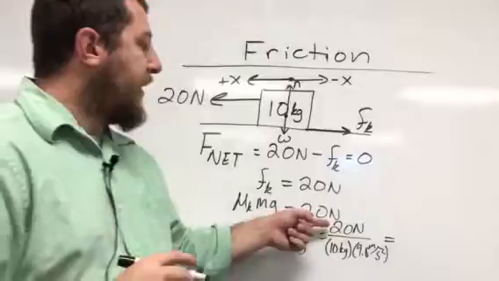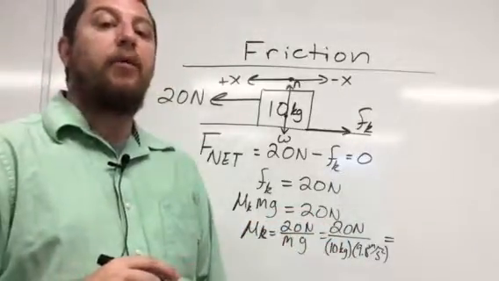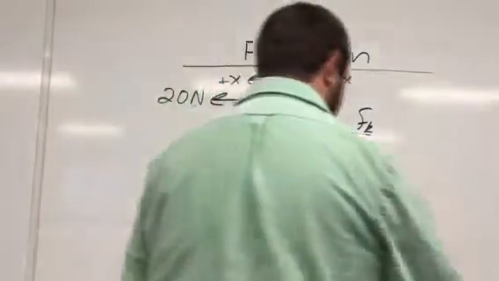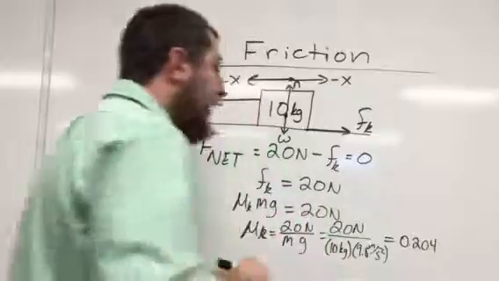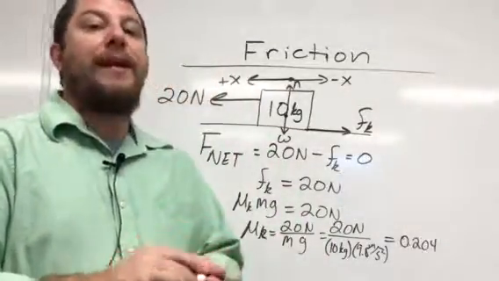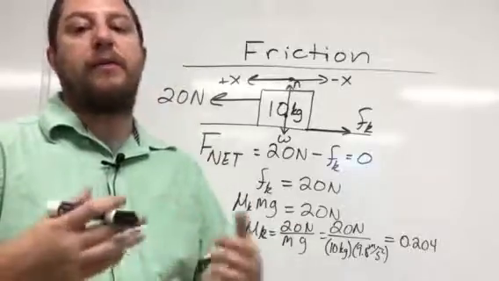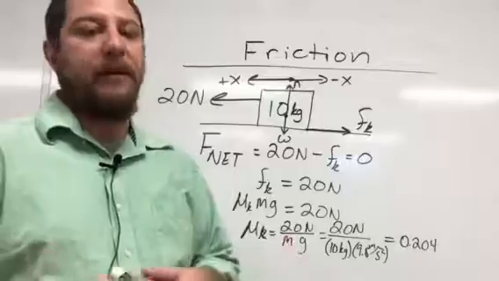And if I divide 20 by 10, that gives me 2. 2 divided by 9.8 gives me 0.204. So mu k in this particular case is 0.204, and again that falls in that range between 0 and 1. So this would be a somewhat smooth surface, but not a perfectly smooth surface.